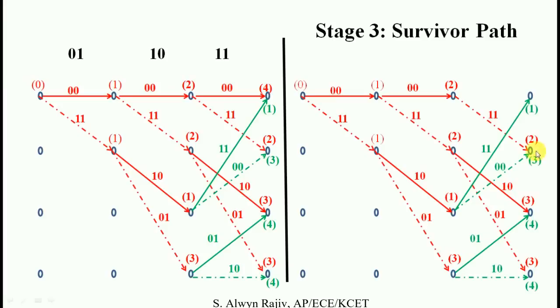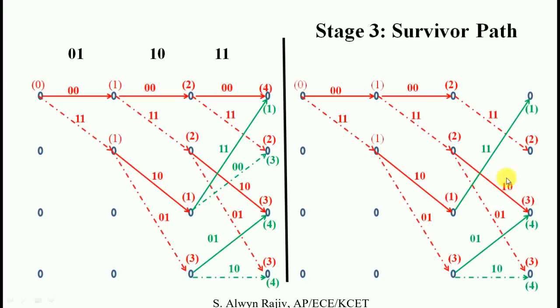Similarly, node B. In this node, there are two metric values. One is from A, one is from C. The first value becomes 2, the second value becomes 3. The 3 is the maximum one, therefore this path is discarded.